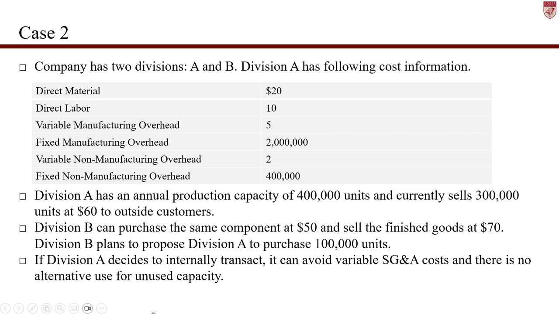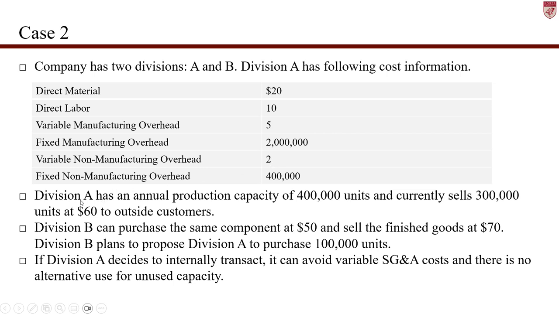This company has two divisions, as always. Now, division A has the following cost information. DM, DL, and the variable MOH. Okay, so these three would be $35 per unit. And then fixed MOH will be 2 million. Fixed non-manufacturing overhead 400,000. And variable non-manufacturing overhead $2 per unit.